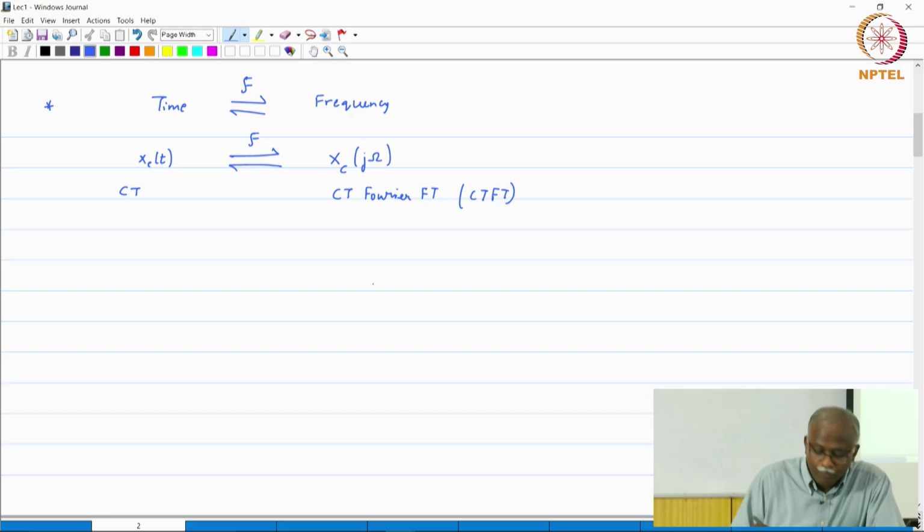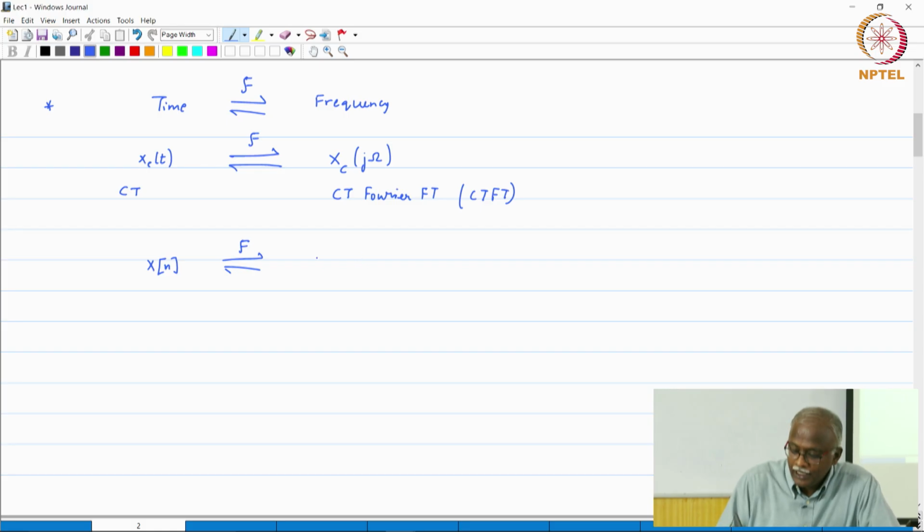Now, when we come to discrete time signals, we have x of n, and the corresponding Fourier transform has two variations. You can have a form X(e^{j omega}), which is given by the summation n equal to minus infinity to infinity of x of n e power minus j omega n.